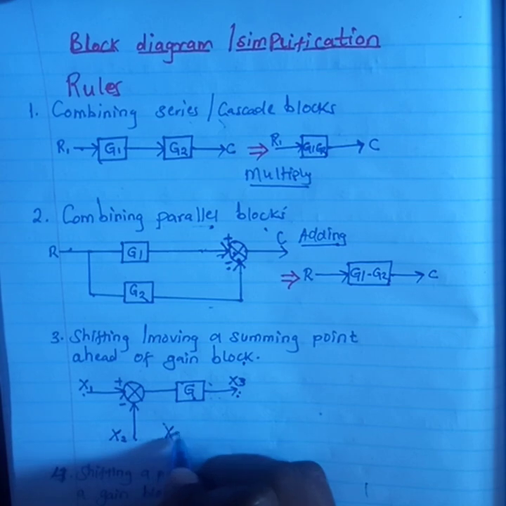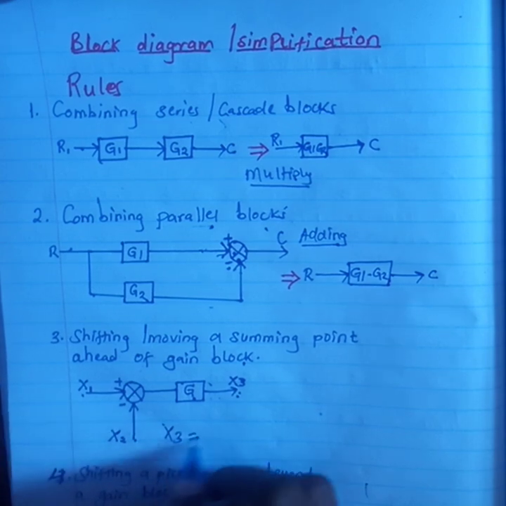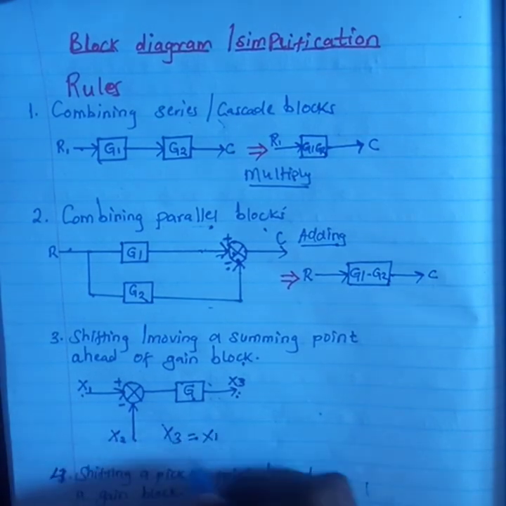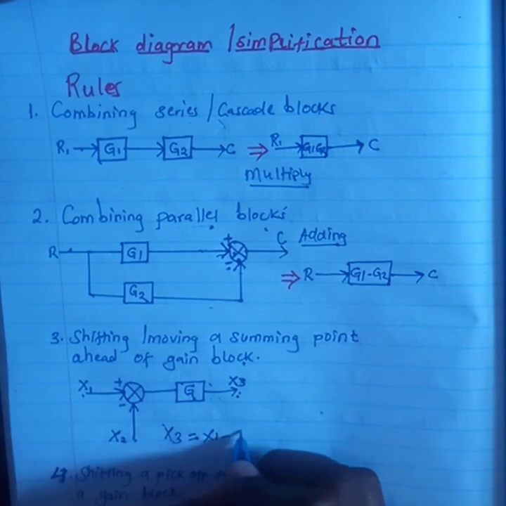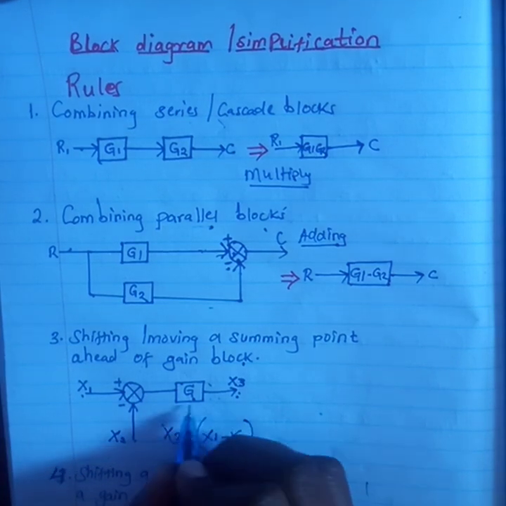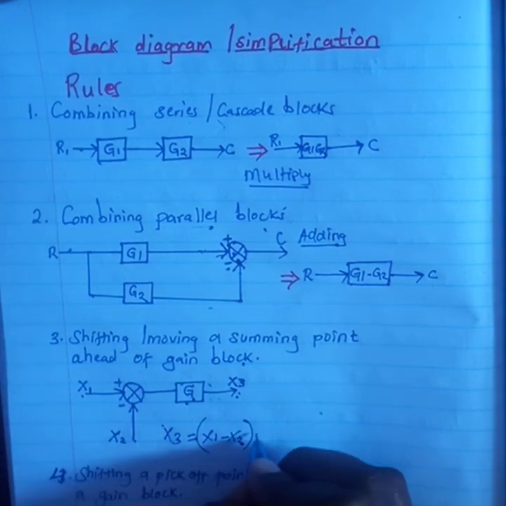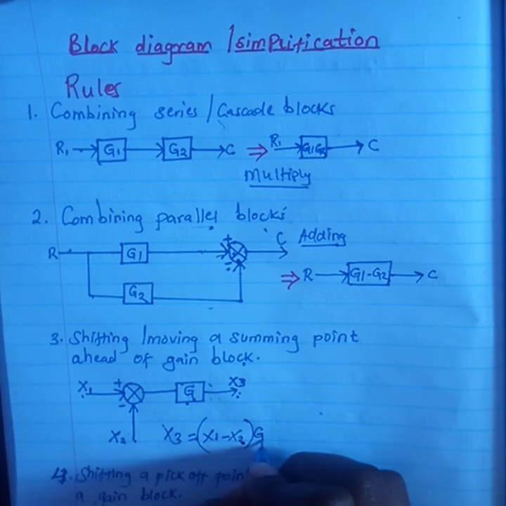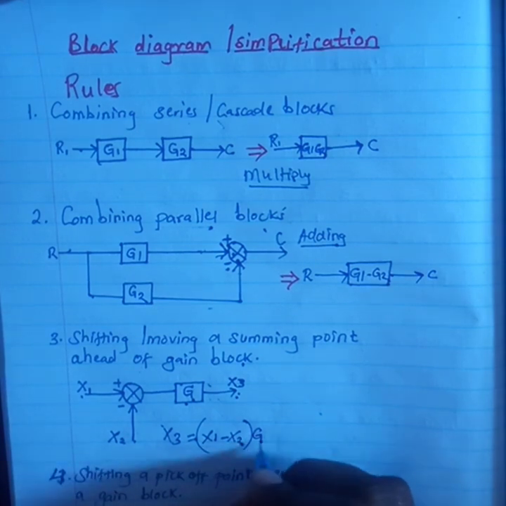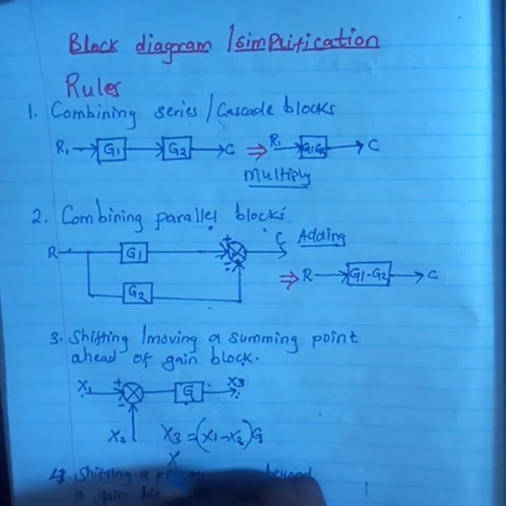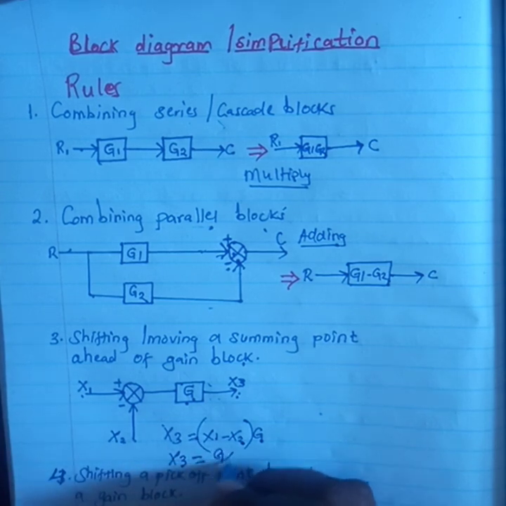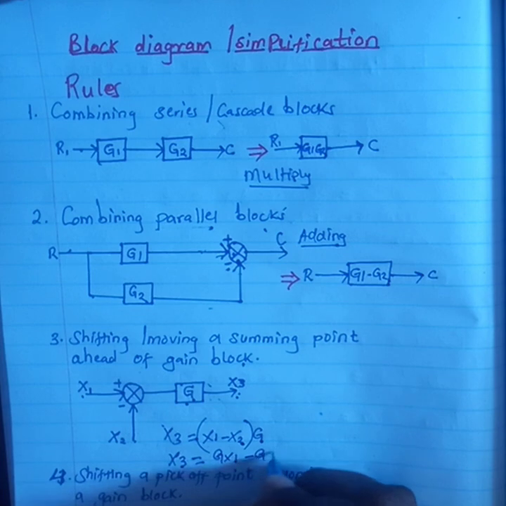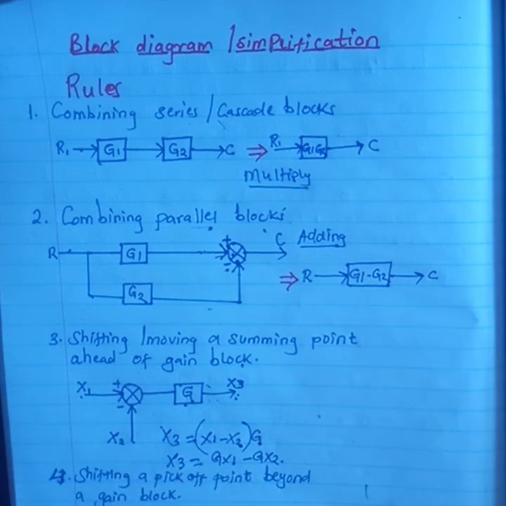So x3 will be equal to x1, which is positive, minus x2, which is negative. Because the two of them are in series with this block, I multiply by g. If I open the bracket, the output x3 becomes gx1 minus gx2.